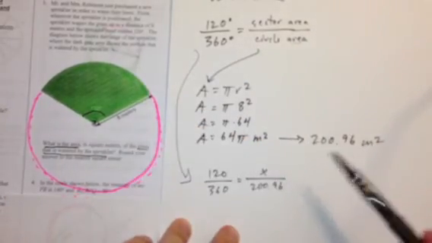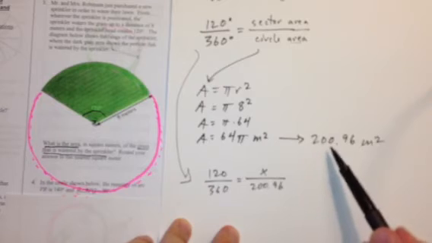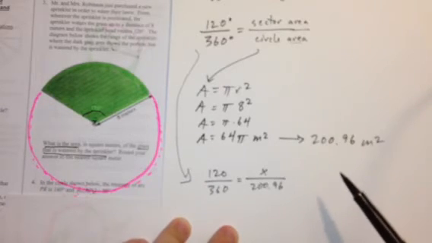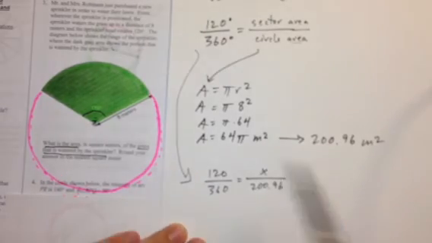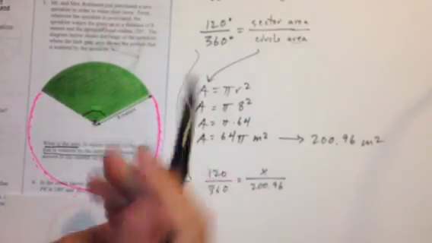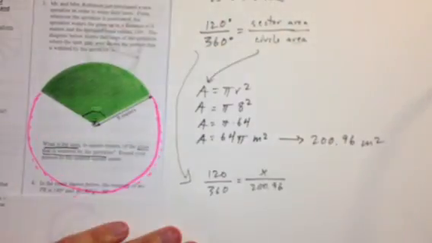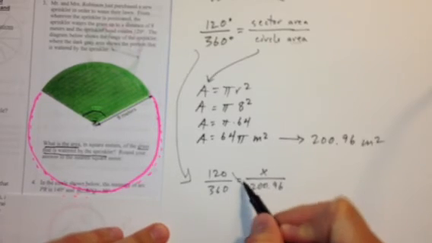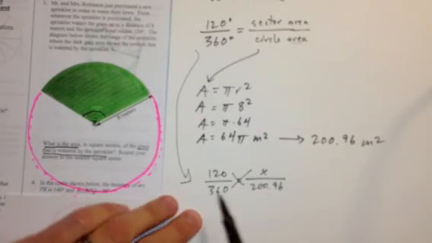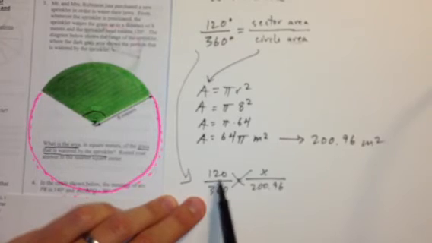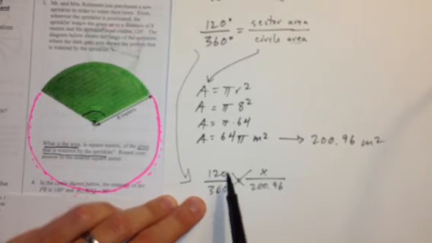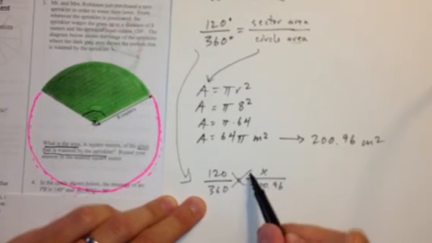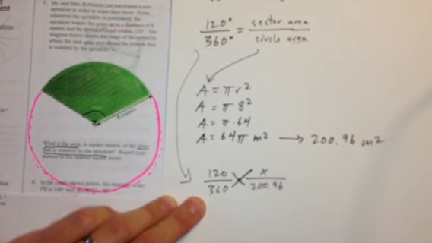Like, is it going to be around 100? Because 100 is basically half of 200. I think it's going to be less than 100 because the area of the sector is less than half of the circle. So we can cross multiply and divide right here. If you recognize that 120 over 360 is 1/3, you could simplify this fraction to 1/3. But let's just multiply it out just in case you forget to simplify.